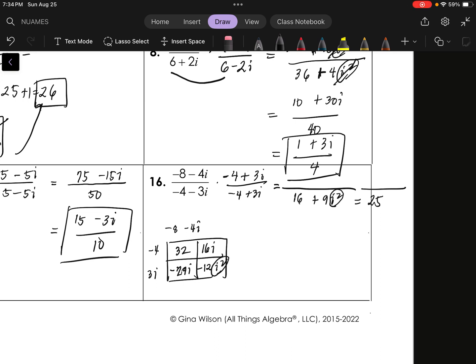You know that this is a negative 1, so this whole thing is just a positive 12. Combining these real parts, the numerator gives me 44. And then combining the i parts gives me a negative 8i. So that will be 44 minus 8i.